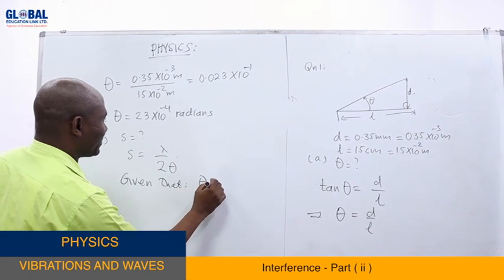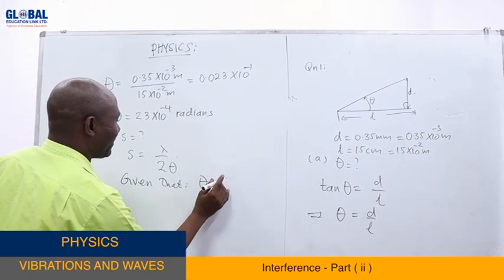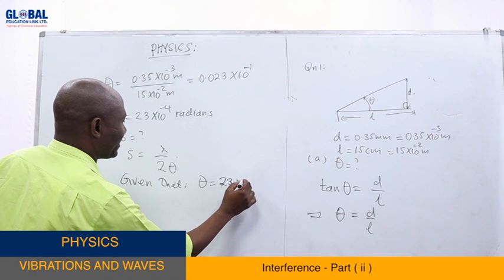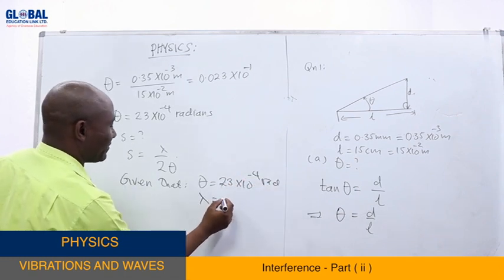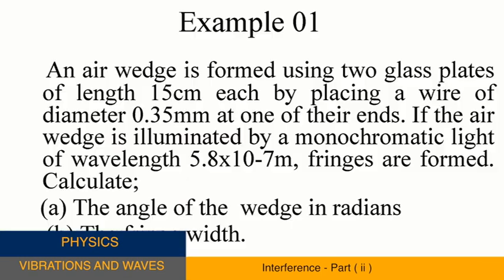The angle is known now, 23 times 10 negative 4 radians. Wavelength is given as 5.8 times 10 negative 7 meter. You're looking for S. Plug in the values.